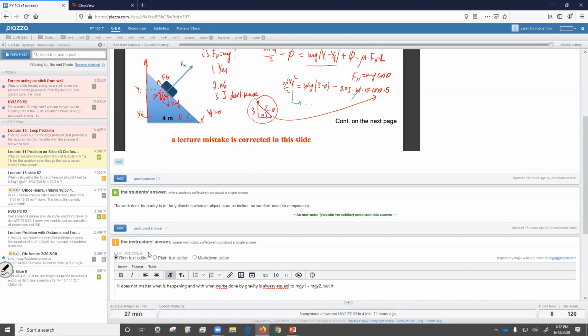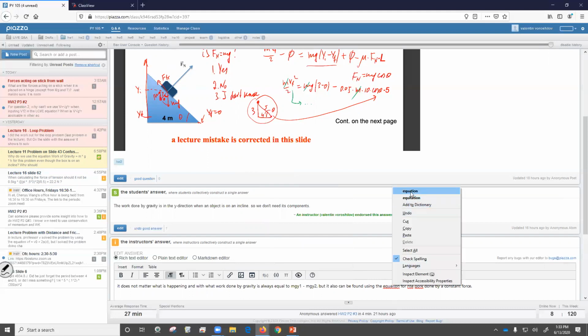But it also can be found using the equation for the work done by a constant force. Work is always equal to that equation.